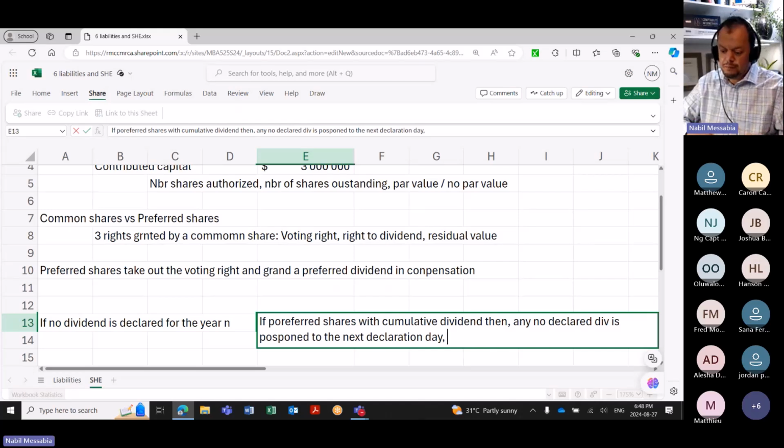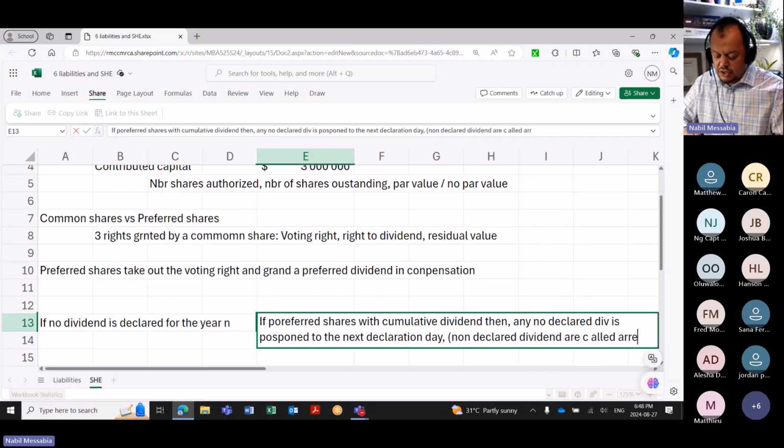So the dividend is postponed to the next declaration. Non-declared dividends are called arrears.